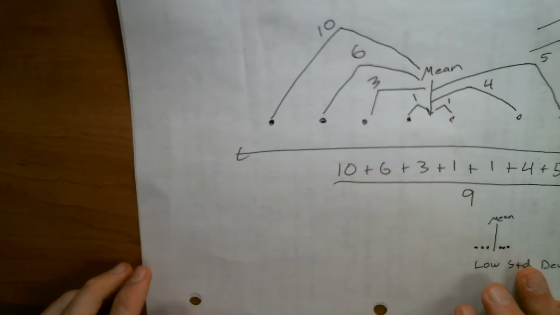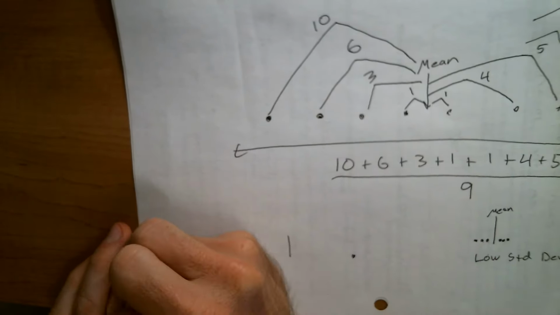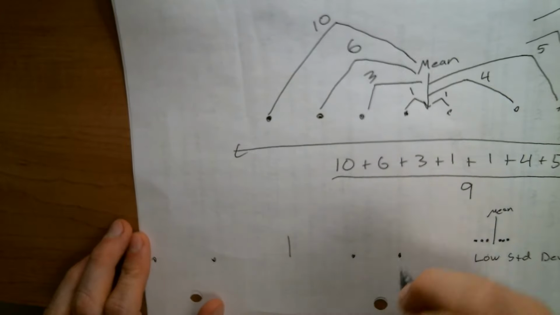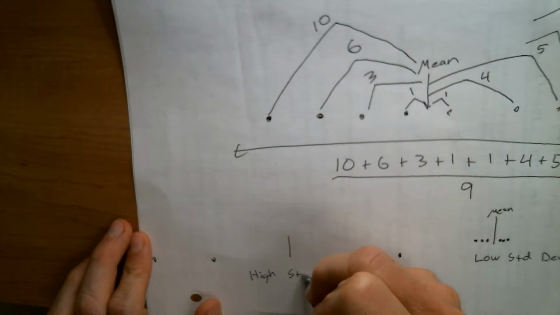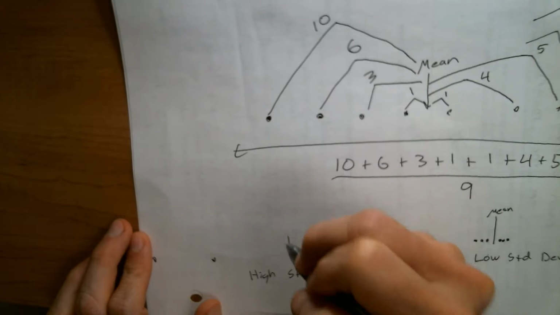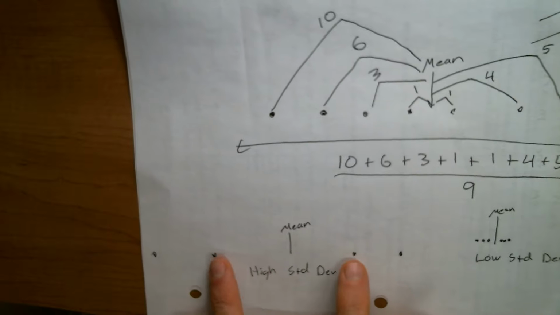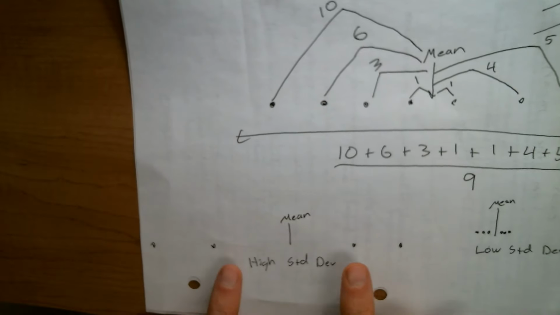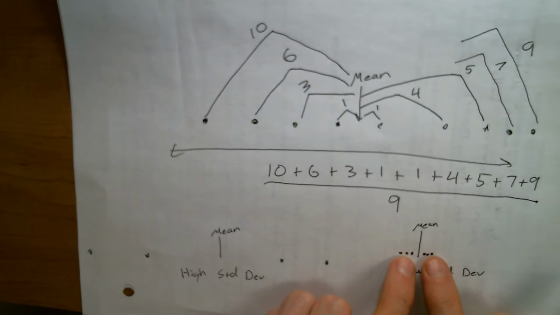If the data was really far from the mean, really spread out, this would be a high standard deviation situation because you're measuring the average distance from the mean. These are all really far from the mean, so the average distance is going to be a larger number. These are all really close to the mean, so that average distance is going to be a small number.